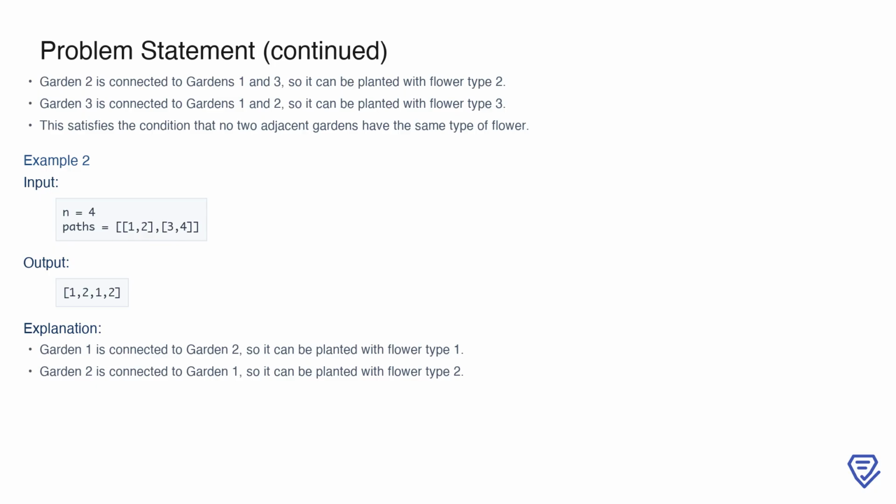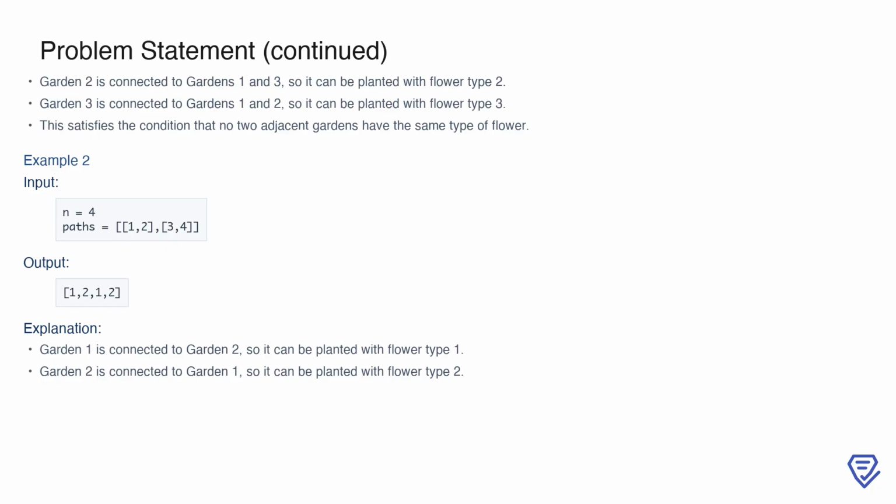Since garden 1 is already planted with flower type 1, garden 2 can be assigned flower type 2. Finally, garden 3 is connected to gardens 1 and 2. Since garden 1 has flower type 1 and garden 2 has flower type 2, garden 3 can be planted with flower type 3. This ensures that no two adjacent gardens share the same flower type.